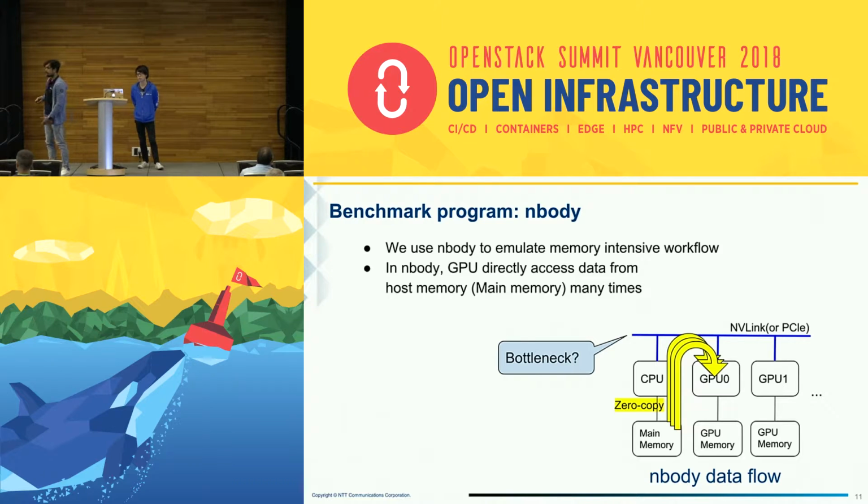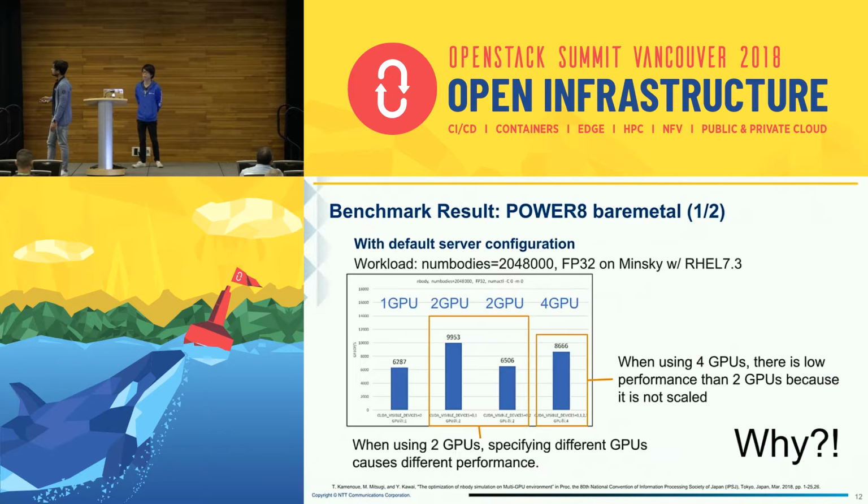Our main focus is to know how the bandwidth between GPU and CPU affects the performance. After benchmarking, what we found is that when we specify two different GPUs, we got different performance for the two GPUs. And for 4 GPUs, the result did not scale very well. So what is the reason behind this unscaled result?